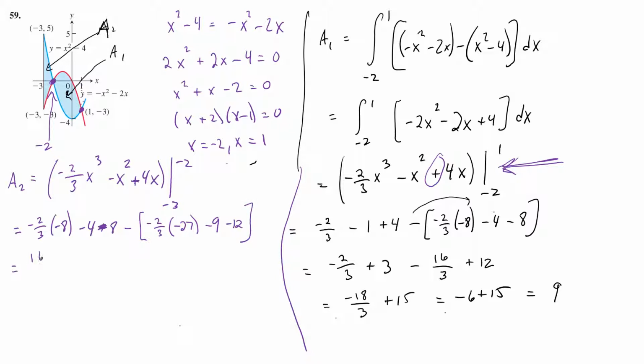Okay, so I have 16/3 minus 12. Let's see, it's going to be a negative, and then 2/3 times 27 is 18, right? 3 goes into 27 9 times, and then times the 2 is 18. And then negative 9 minus 12 is negative 21, but the minus sign distributes, so that'll be a positive 21.